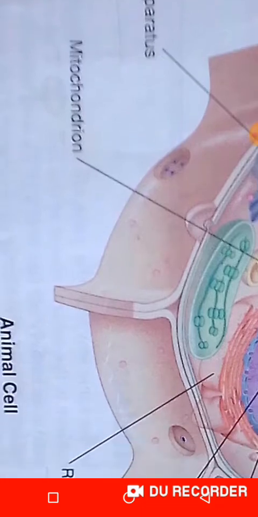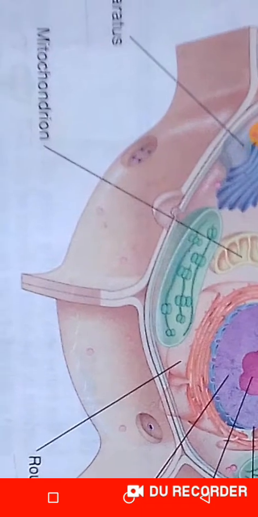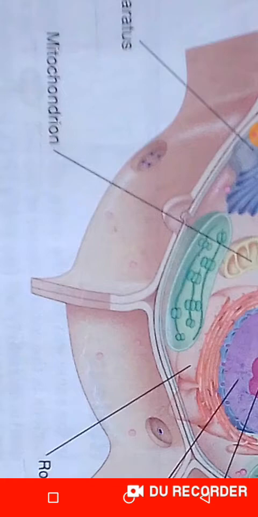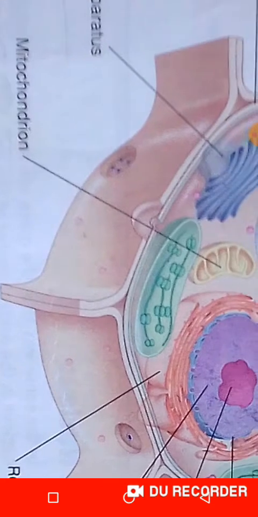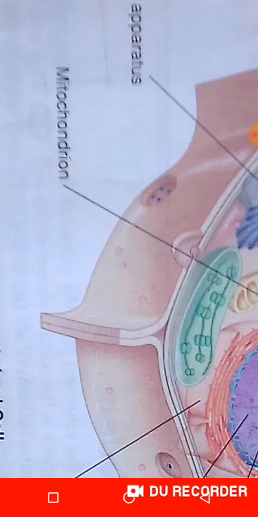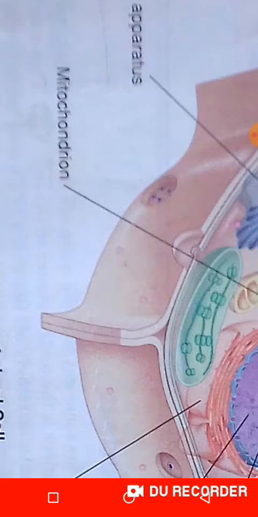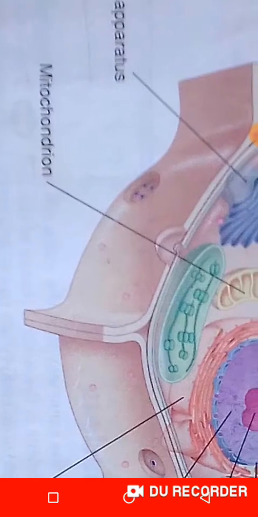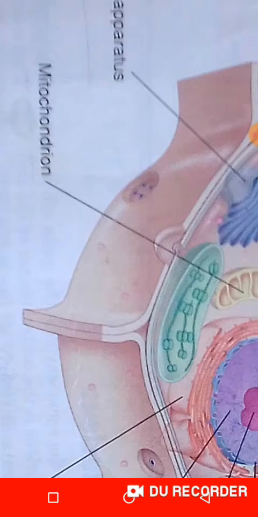Now, let's come to the mitochondria. Mitochondrion means one. The mitochondrion is a site where respiration takes place.